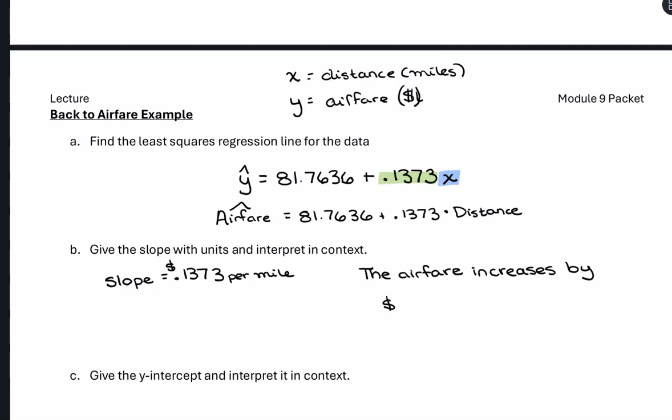I'm going to round that to, it's essentially 14 cents per mile. That'd be one way of interpreting it, or we could say for each mile extra we travel, the airfare goes up by 14 cents, but it's this rate of change.